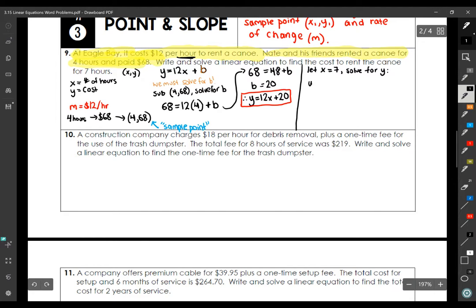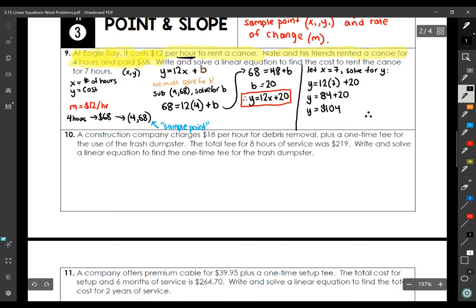So y is equal to 12 times 7 plus 20. That is 84 plus 20.